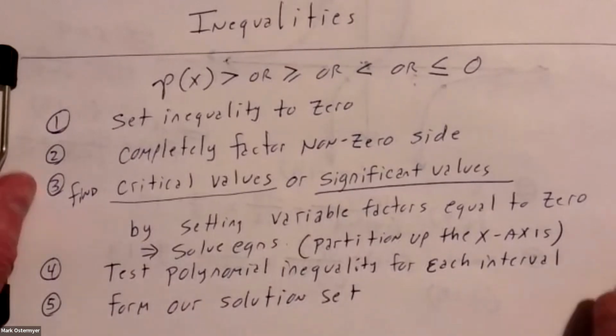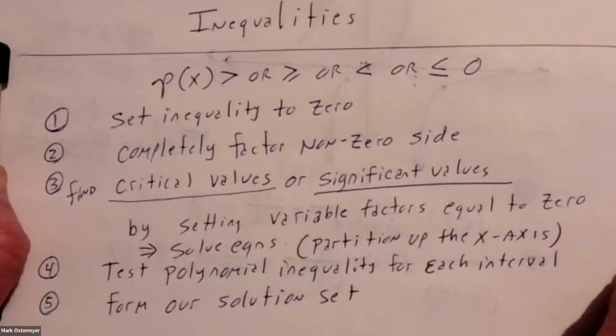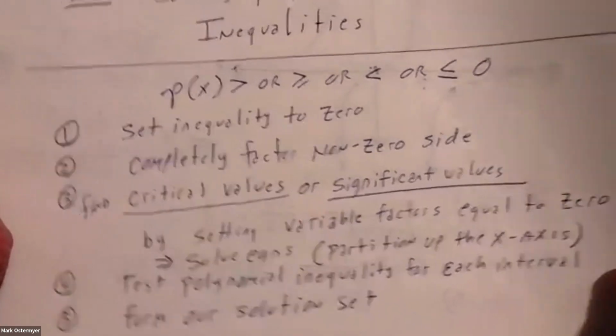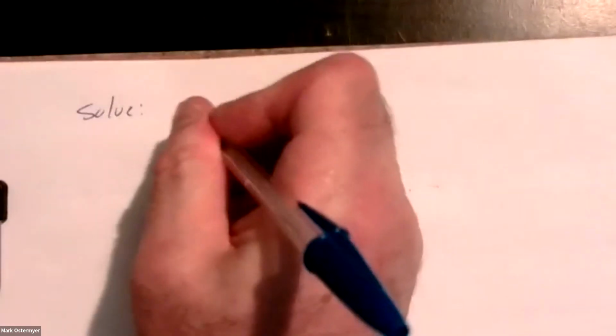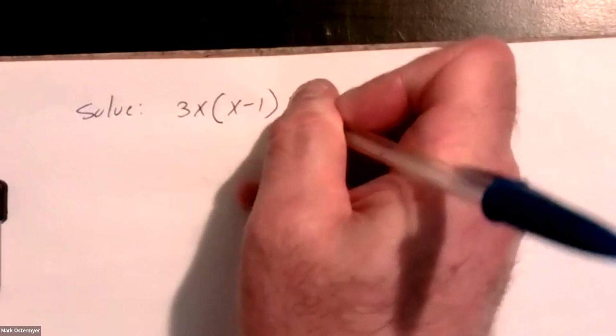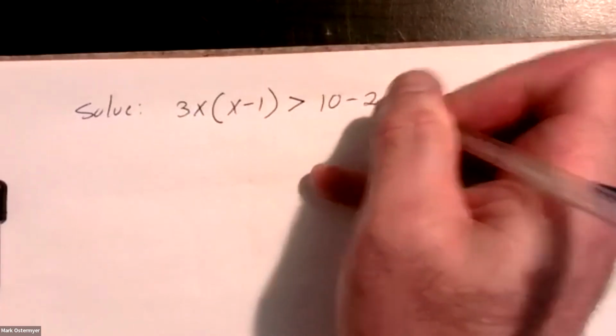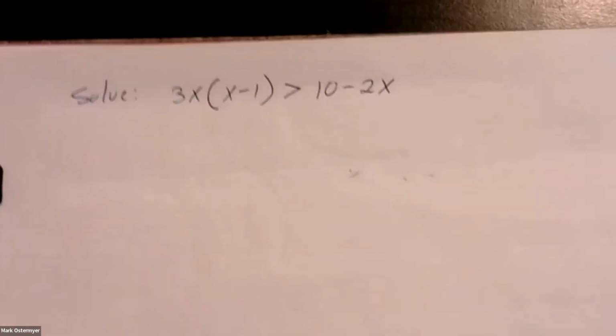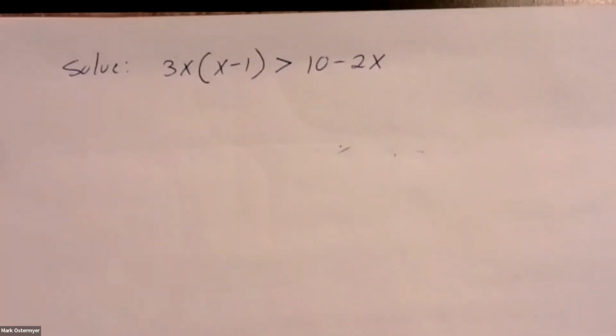So what I'm going to do is give us one to actually solve. And we'll see how we put these steps into practice here. So here's an example. 3x times x minus 1 is greater than 10 minus 2x. We want to solve this polynomial inequality for its solution set.